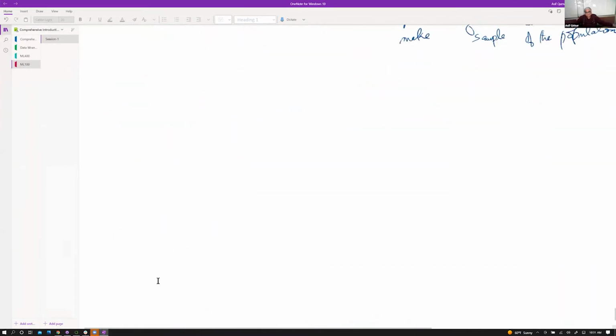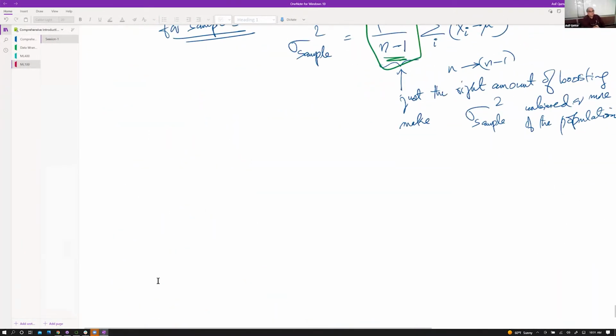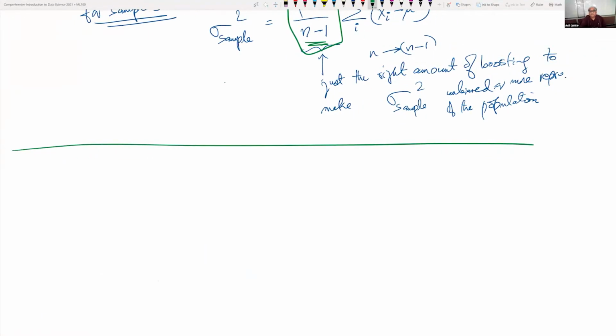Let's talk about the notation that I used. K samples, S is the size of each sample.